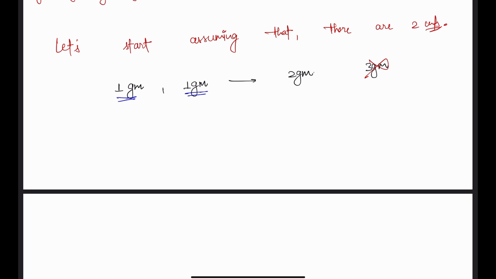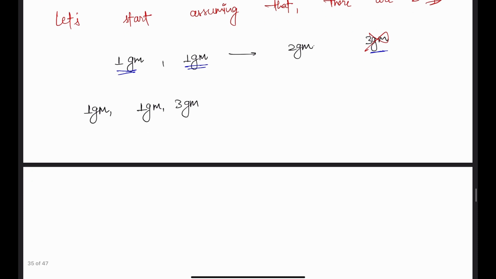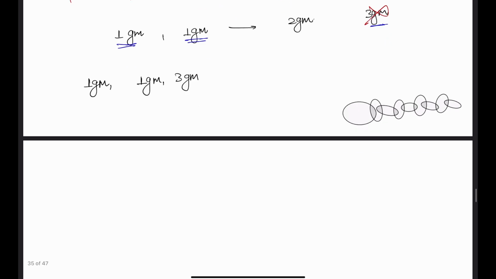Now as we need to measure 3 gram, I can say that the first cut is at 3 gram, which means if we take the representation, suppose this much is our chain. So where is our first cut?